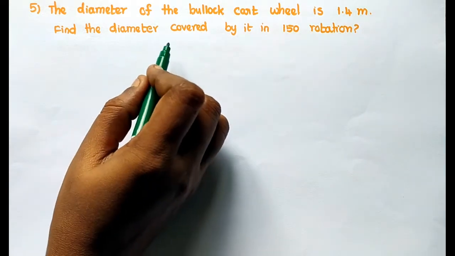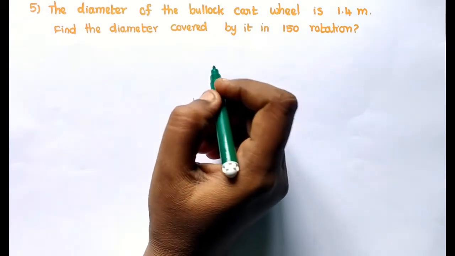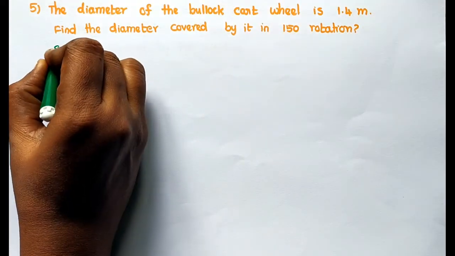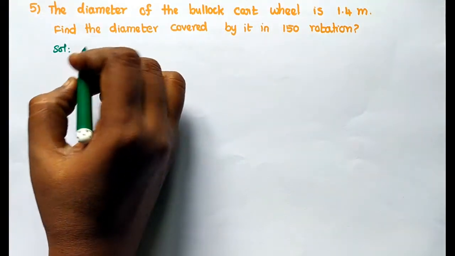Fifth sum, the diameter of the bullock cart wheel is 1.4 meter. Find the distance covered by it in 150 rotations. 150 rotations. Listen. Diameter of the cart wheel.